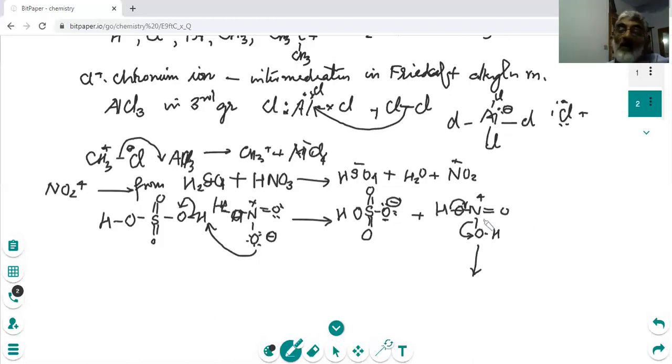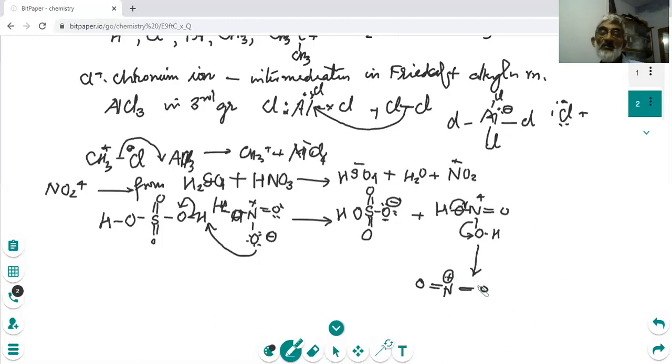Now when you move the electrons in this fashion, the proton is lost from here and OH is lost from here, which makes the water. NO2 plus: the plus charge is on the nitrogen atom.